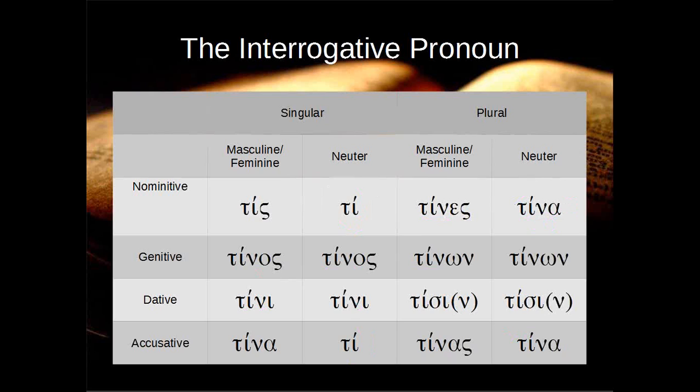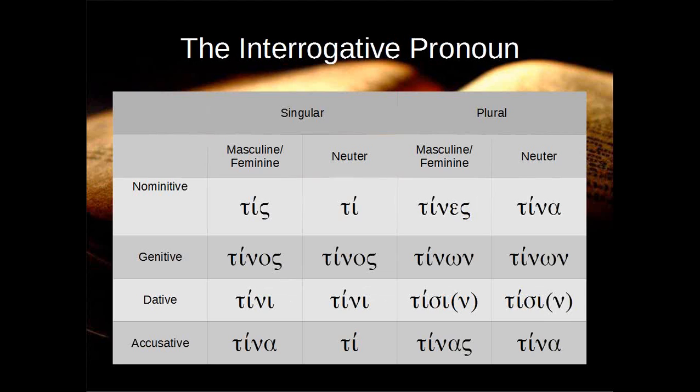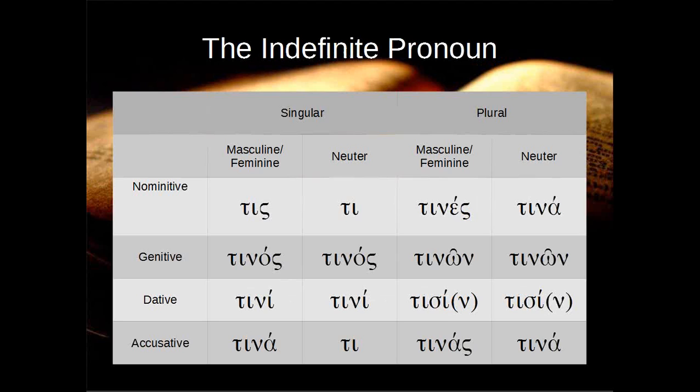So this is the interrogative pronoun. Here are the indefinite pronouns. One more time: interrogative, indefinite. The accent changes to the next syllable. They're the exact same thing, but the accent changes.